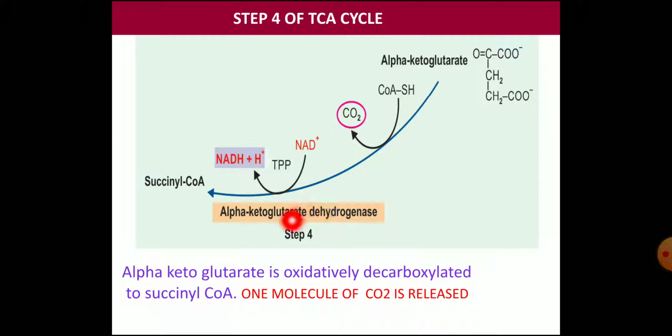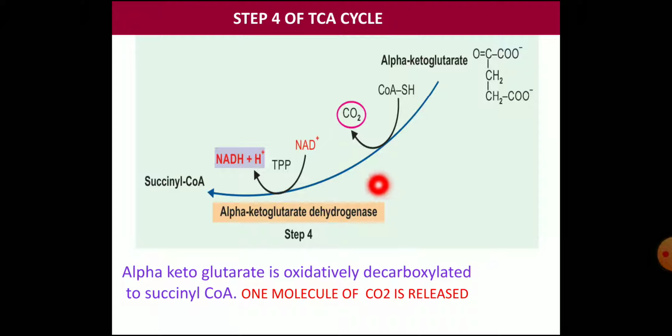You might have heard about this enzyme. Just like pyruvate dehydrogenase complex, it is a multi-enzyme complex requiring 5 coenzymes, and it contains 3 enzymes. PDH also you have studied, 5 coenzymes are there and 3 enzymes.